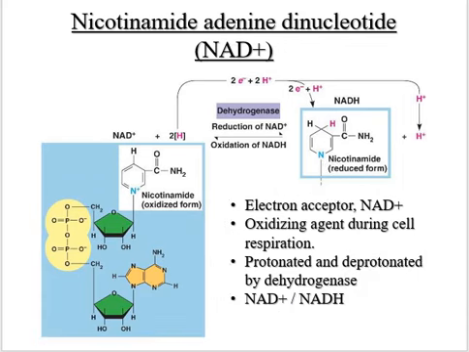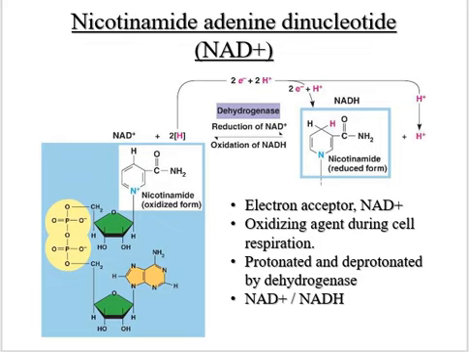Now, this whole back and forth process between an oxidized form and reduced form occurs via an enzyme, and this enzyme is called dehydrogenase, and you can pretty much tell its function based on the name. Whenever you have some compound that ends in -ase, you know that it's an enzyme.